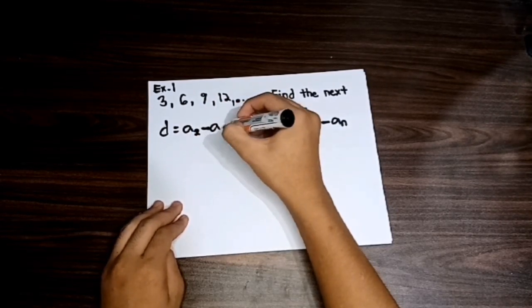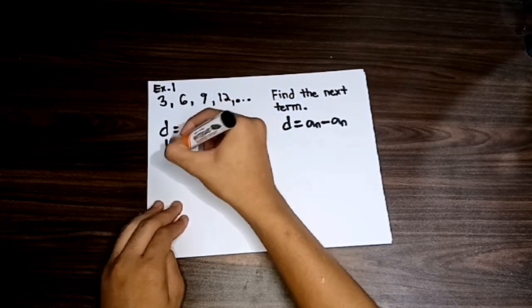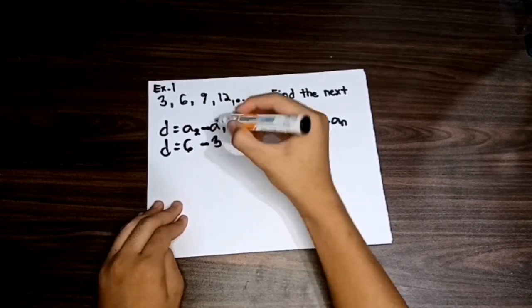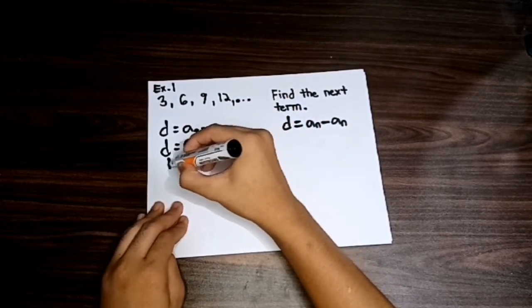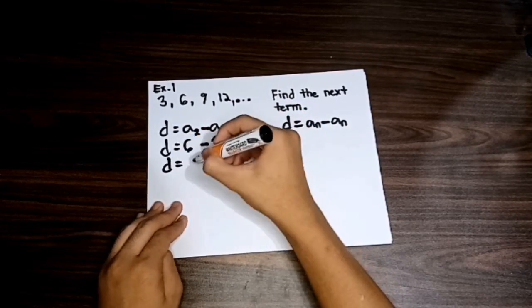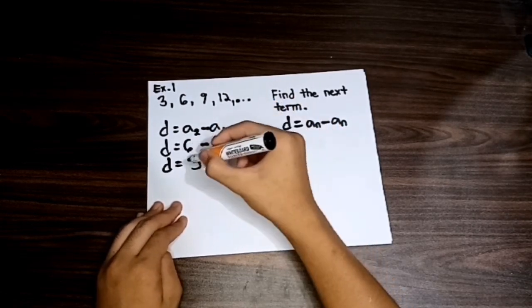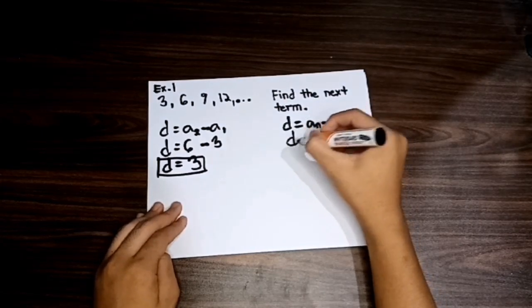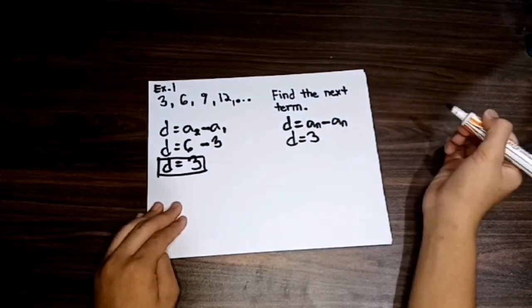So a sub 2 minus a sub 1. Substitute the numbers 6 and 3. So 6 minus 3 is equivalent to 3. So our common difference is 3.